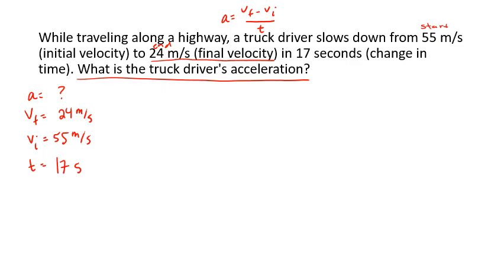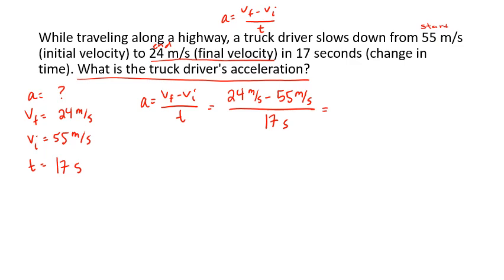Everything here is in the correct unit, so we just need to plug it into the formula. Our final velocity is 24 meters per second. We're going to subtract that from 55 meters per second, and we're going to have it all over 17 seconds.